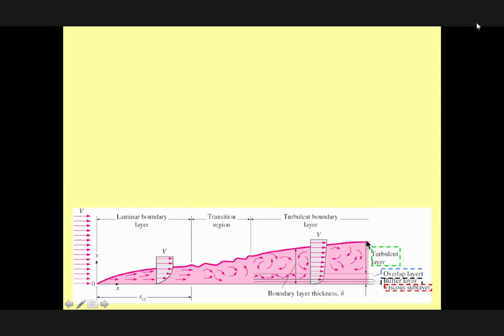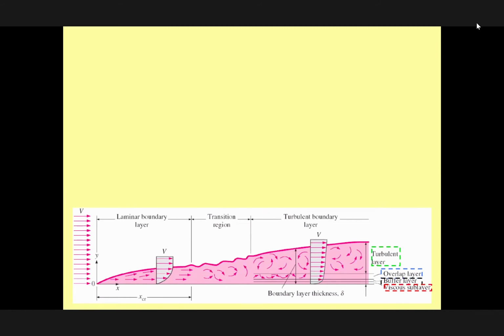After the center, this one remains constant and that one remains constant. Eventually they meet each other at the center of the pipe. Is this clear? Those of you who are quiet, is it clear or not? Yes. Good.